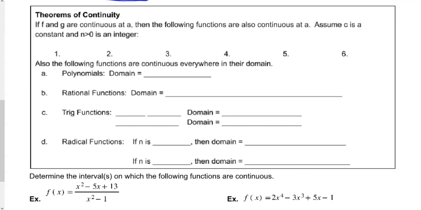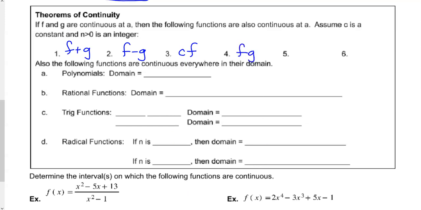So for theorems of continuity: if f and g are continuous at a, then the following functions are also continuous at a, and we're going to assume that c is a constant and n is an integer greater than 0. So the sum of f and g is continuous at a. The difference is continuous. Taking a multiplier times that function is also continuous.